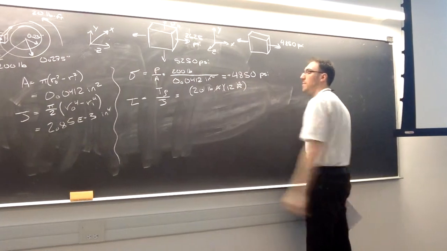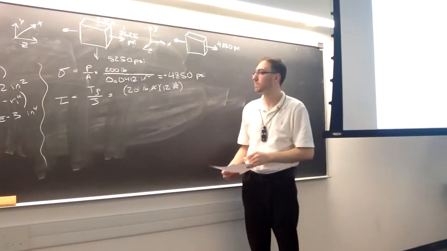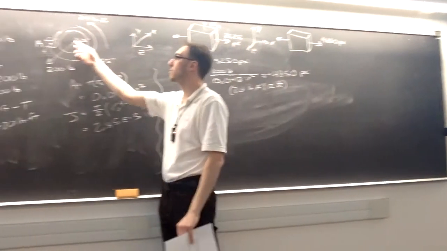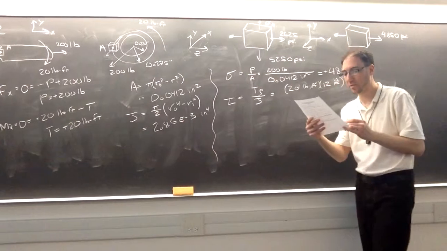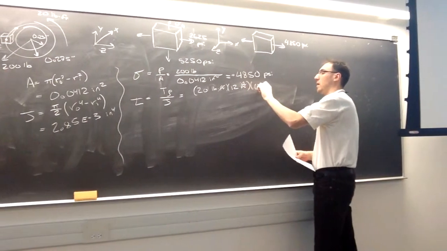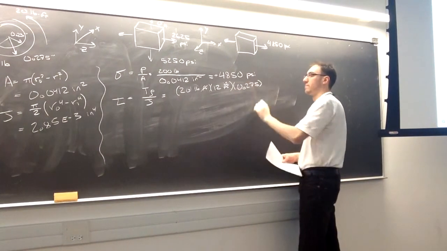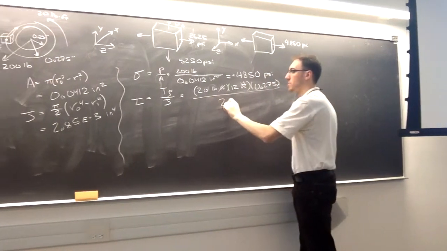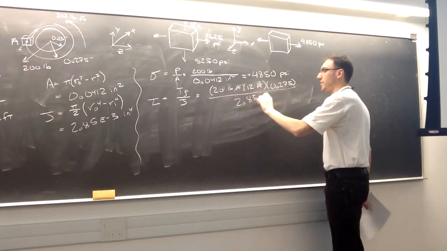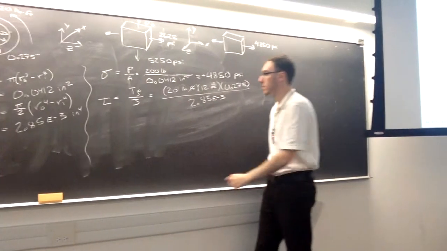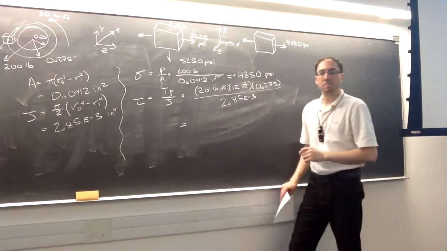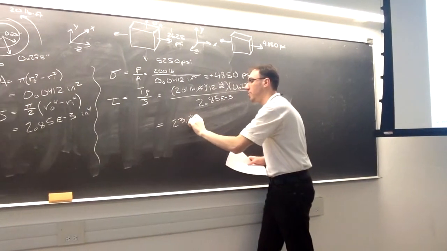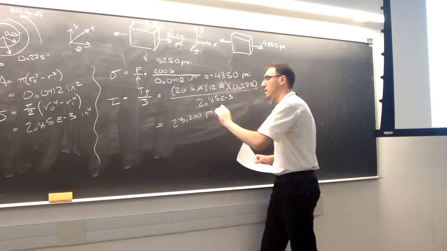So I need to multiply by 12 to get into pound-inches. Rho is the distance from this point to the center, which is our outside radius, 0.275. And J, which I calculated earlier, 2.85 times 10 to the negative third. So the tau we get here, 23,200 psi.